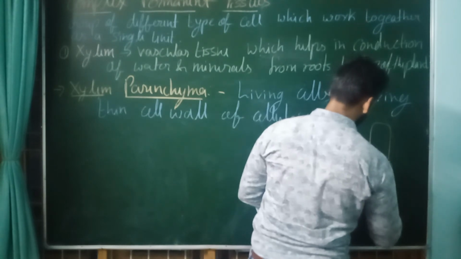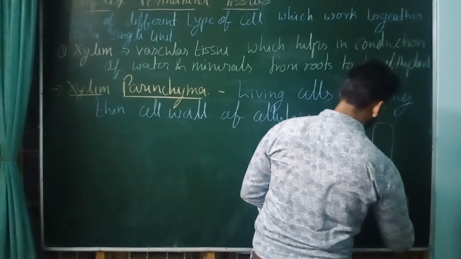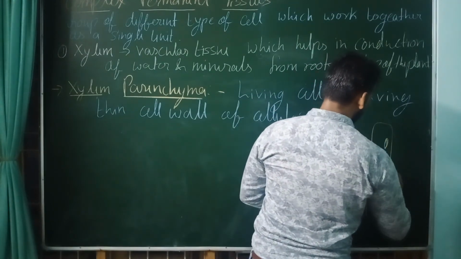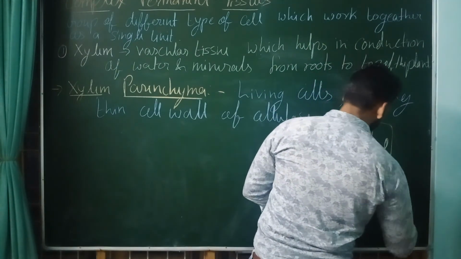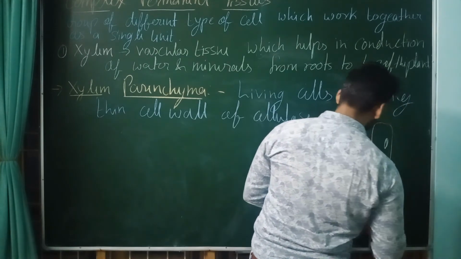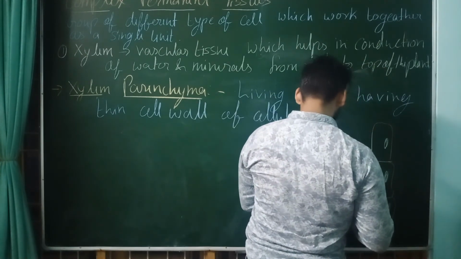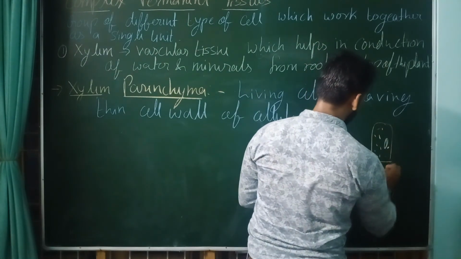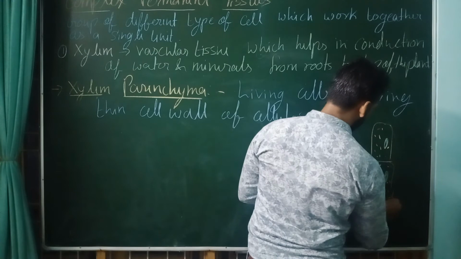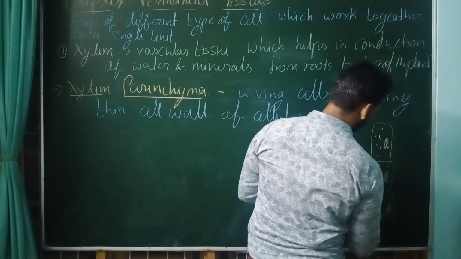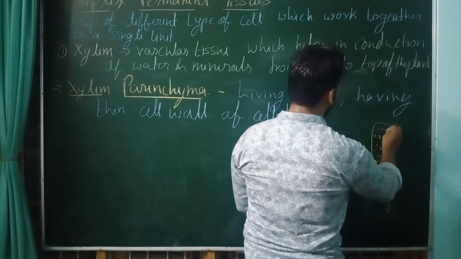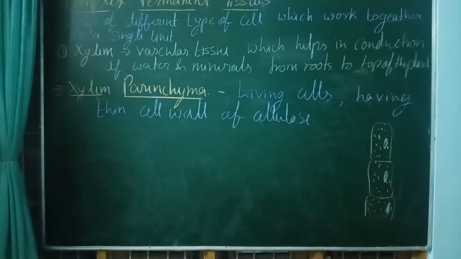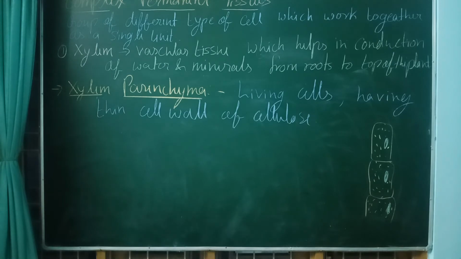Here, at the periphery region, the nucleus is located and different organelles are present, like this you can see. And here the cell wall is made up of thin cellulose. This is somewhat of a diagram of xylem parenchyma.